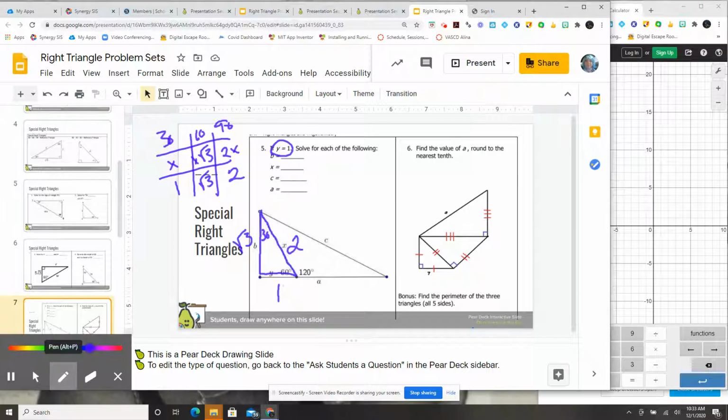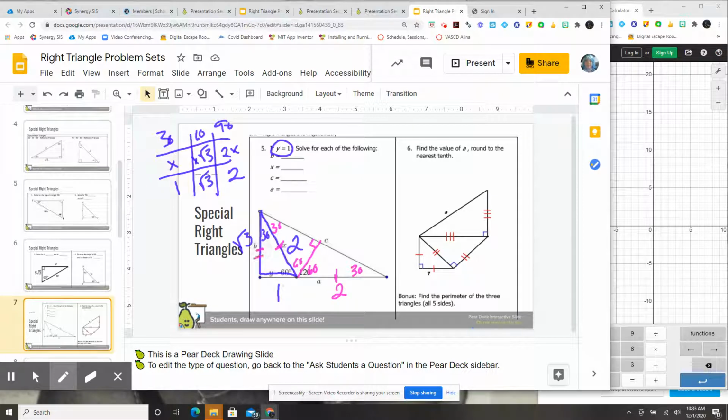There's a couple of different ways to get the next step. So if I'm looking for 30, 60, 90 triangles and I see 120, automatically in my head, I realize I can cut that in half and make that 60, which means this is 30 and this is 30. And they're going to be symmetrical. So if this is 2, this is also going to be 2.